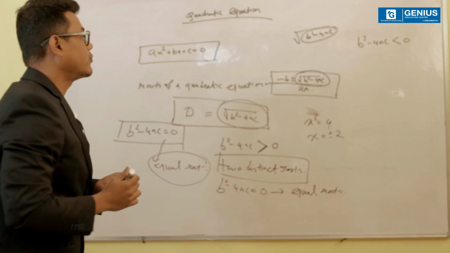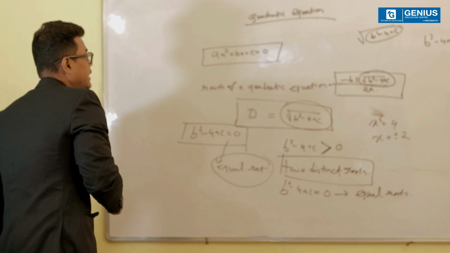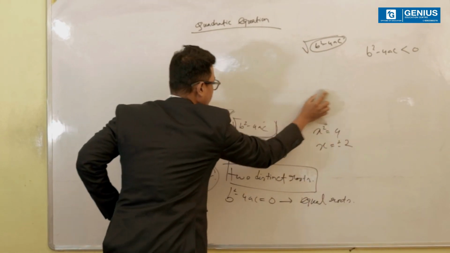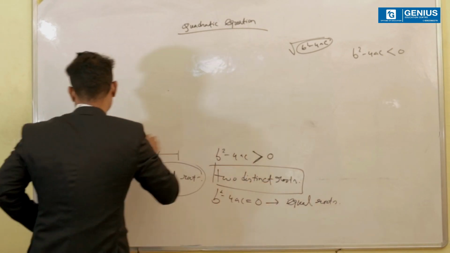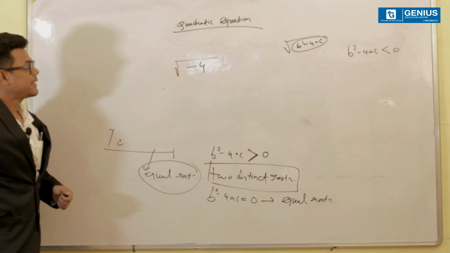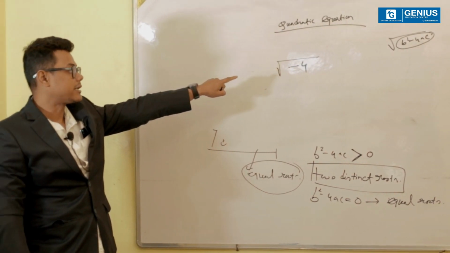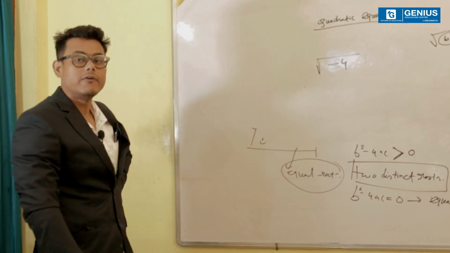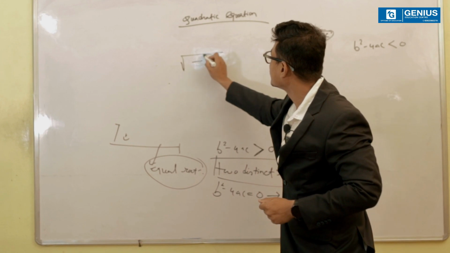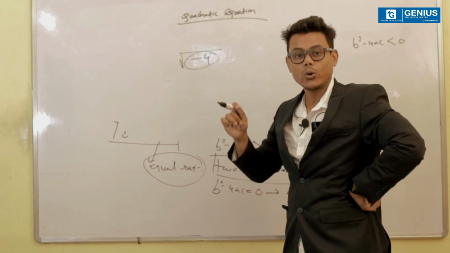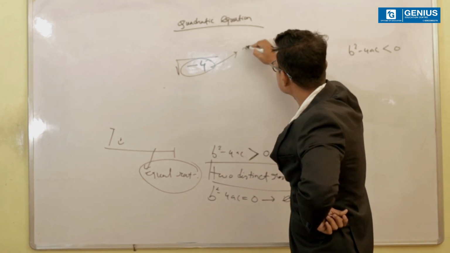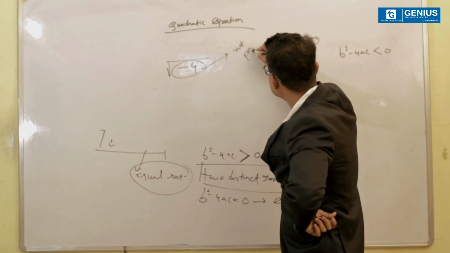When b square minus 4ac is less than 0 and you put it under a root, suppose you have b square minus 4ac equal to minus 4, can you calculate the value of root of minus 4 from your real numbers? Whenever we got anything negative under the root, before today's class we always tended to say that this is not possible, impossible.